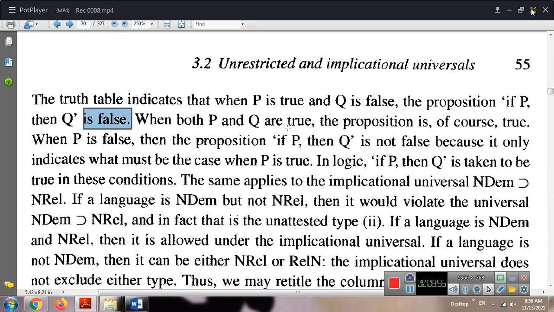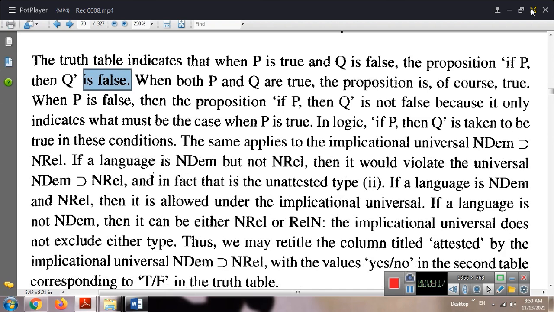When both P and Q are true, the proposition is of course true. When P is false, then the proposition if P then Q is not false, because it only indicates what must be the case when P is true. In logic, if P then Q is taken to be true in these conditions.